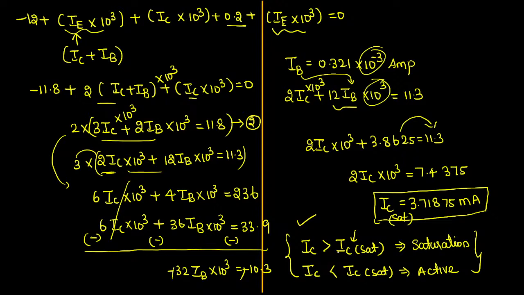Okay, so this is how we are solving the problem. So what is the conclusion? Whenever I am solving problems, while calculating the value of collector to emitter voltage or any other DC parameters, it's very important to check the region of operation also, because we don't know in which region our transistor is operating.